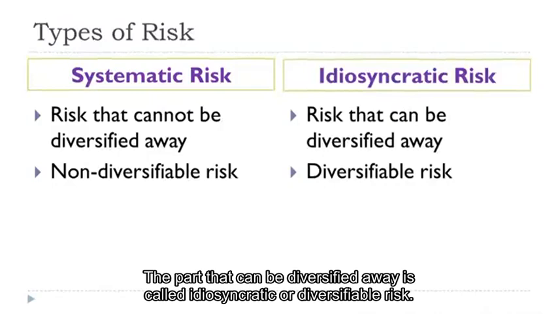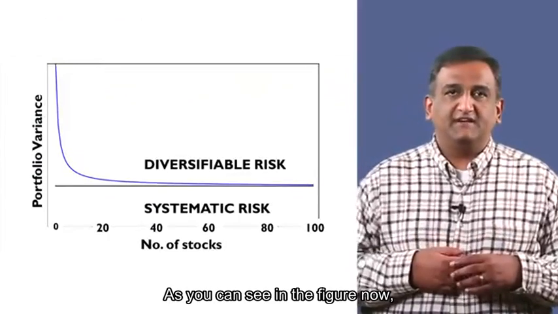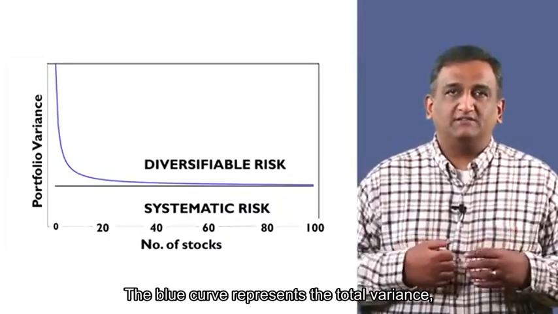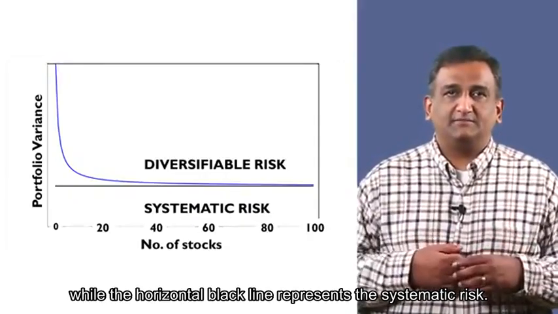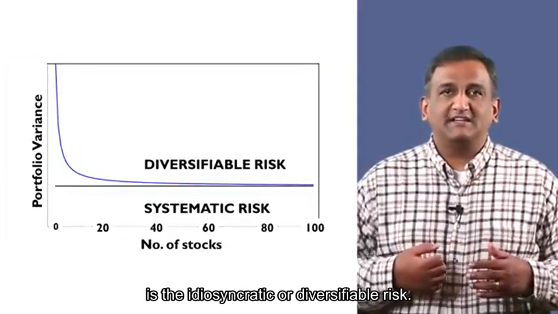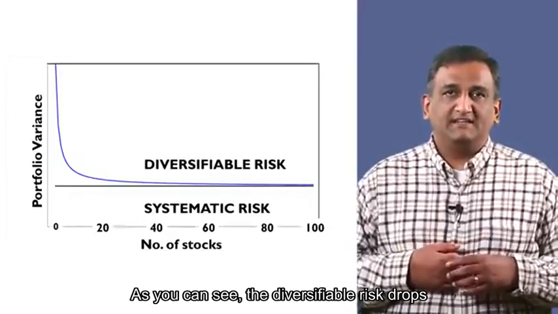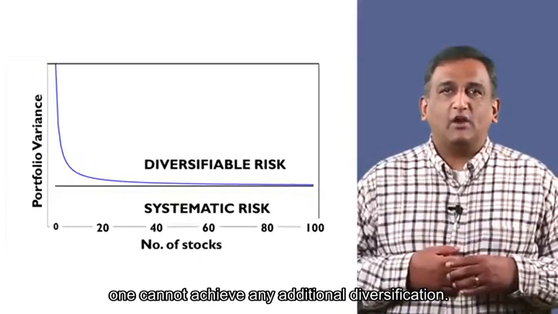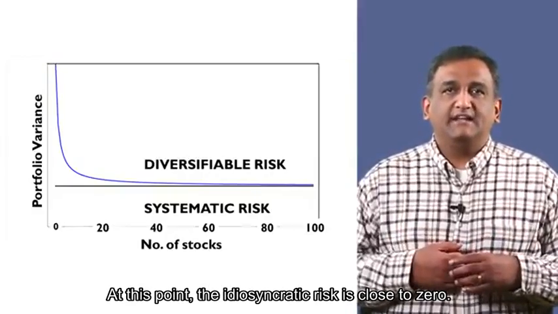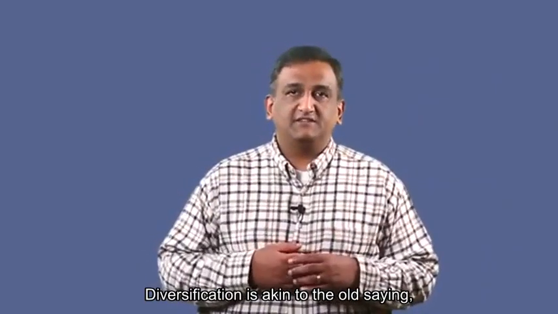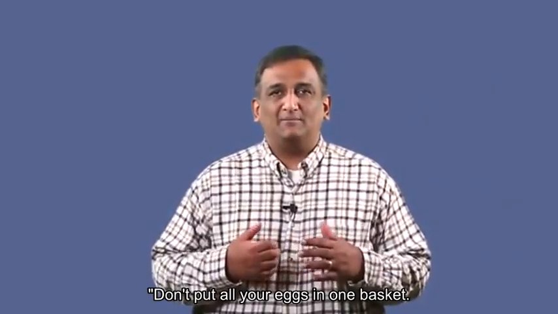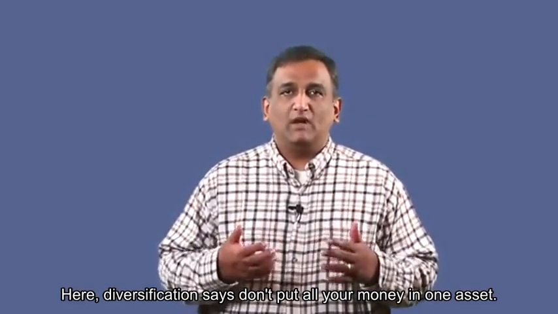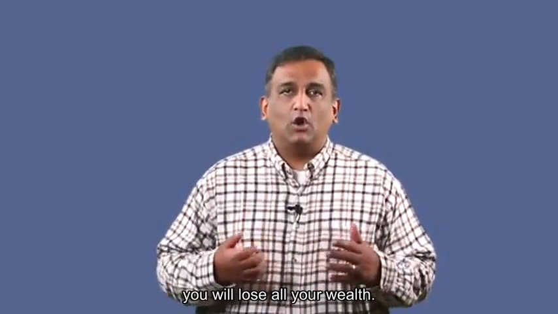In other words, we want to minimize sigma sub p squared, which equals wx squared times 0.07 squared plus wy squared times 0.1 squared plus wz squared times 0.12 squared plus 2 times wx wy times 0.1 times 0.07 times 0.1 plus 2 times wy wz times 0.9 times 0.1 times 0.12 plus 2 times wx wz times 0 times 0.07 times 0.12, subject to the portfolio expected return ER sub p, which is wx times 0.1 plus wy times 0.2 plus wz times 0.15, being equal to 0.16 and wx plus wy plus wz being equal to 1.